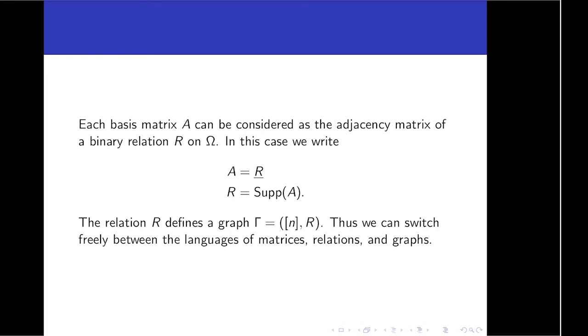Each basis matrix is a 0-1 matrix, so it can be considered as the adjacency matrix of a binary relation. We can switch between binary relations and matrices, and use whichever language is more convenient. This n there should be an omega.